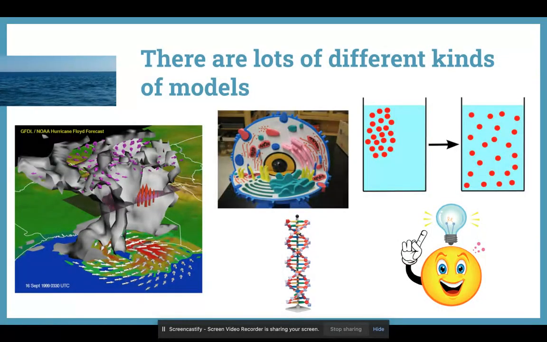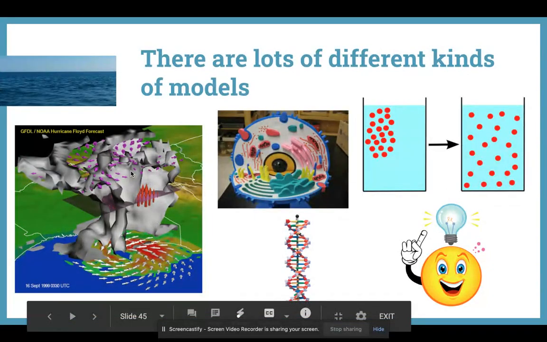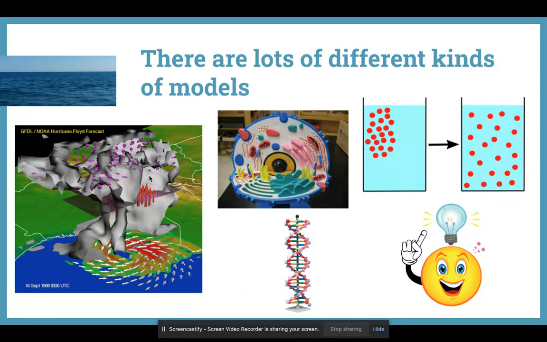Okay, there are many different types of models. So right here, we have a digital rendering of a hurricane. Okay, so this is showing air patterns, and this is showing the clouds and how the air is flowing. This is hot air rising. Okay, so this helps show how a storm is running and what type of damage it might do.